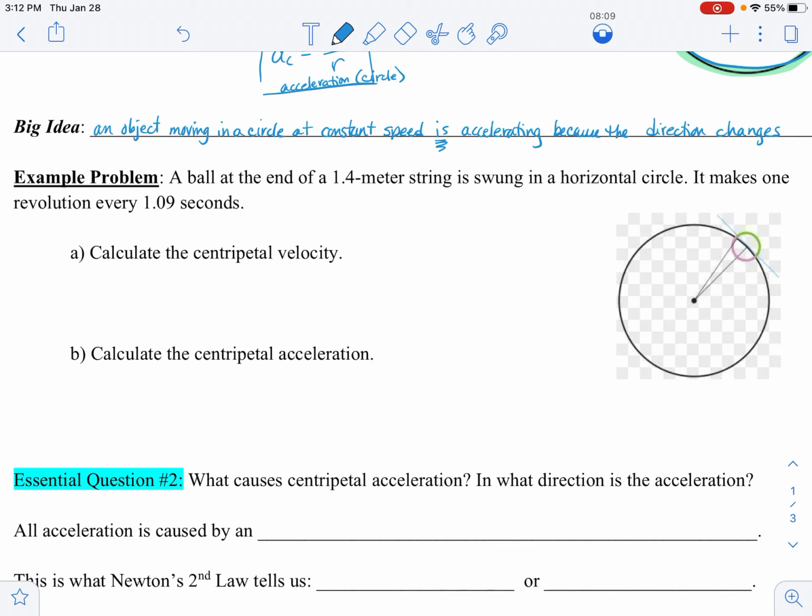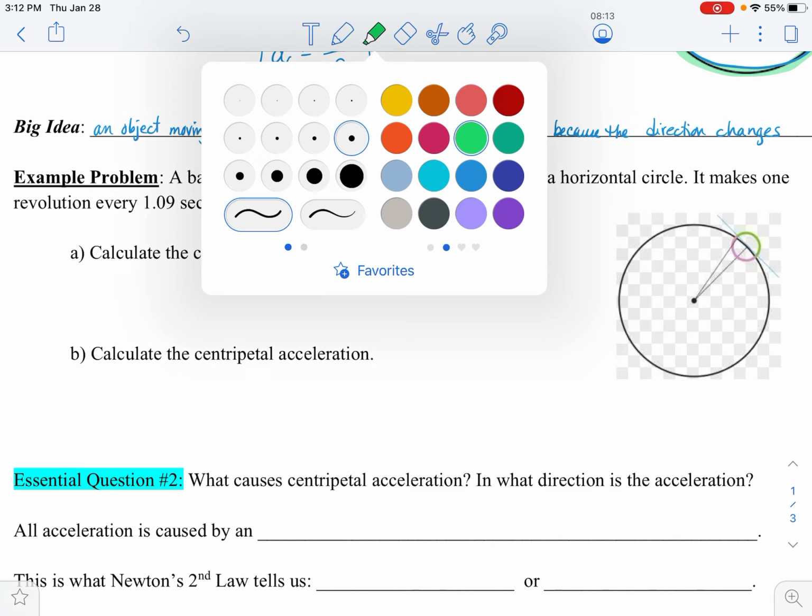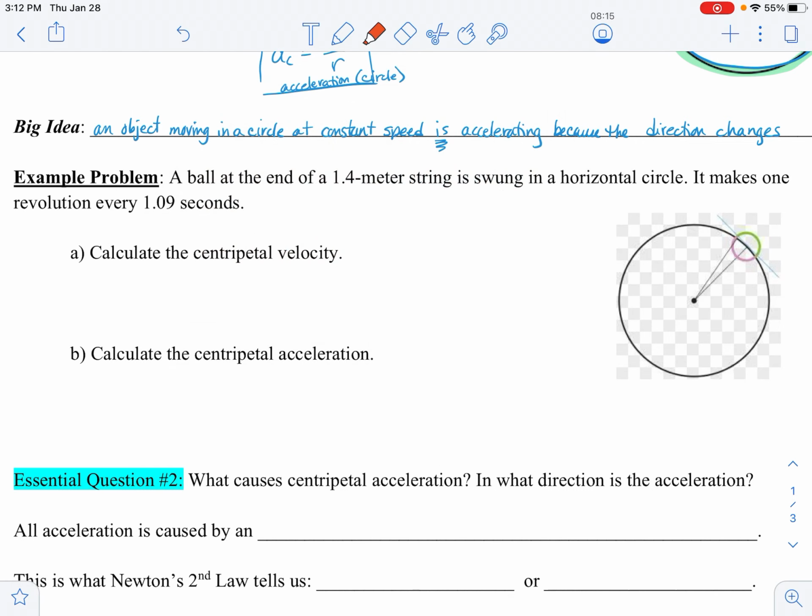Okay? So let's do a problem so you can see how this works. It tells me that I have a ball at the end of a 1.4 meter string, swung in a horizontal circle. It makes one revolution every 1.09 seconds. So what does that tell us? That tells us that this distance right here, that's the string, is 1.4 meters.